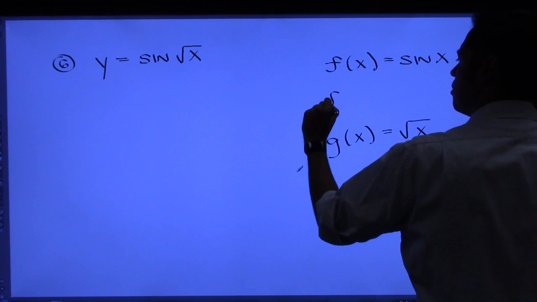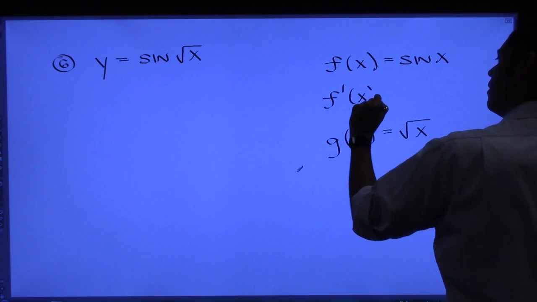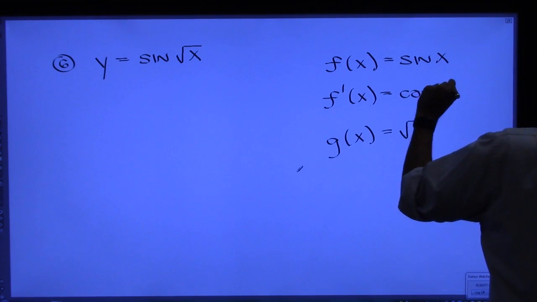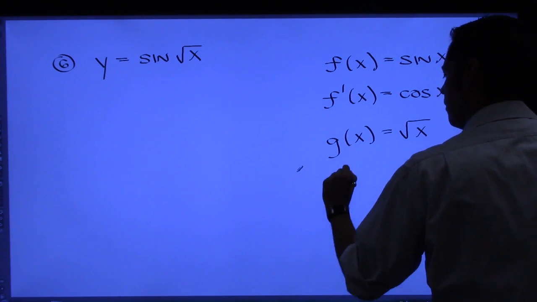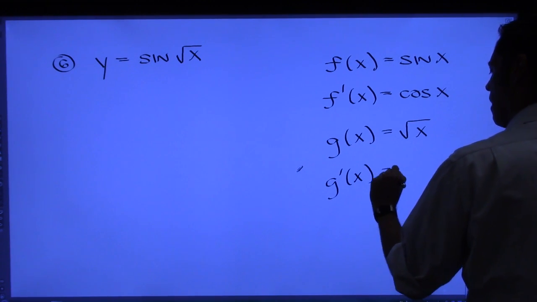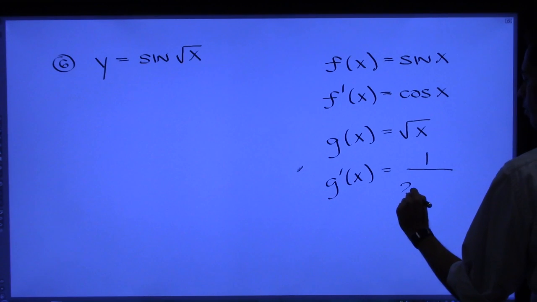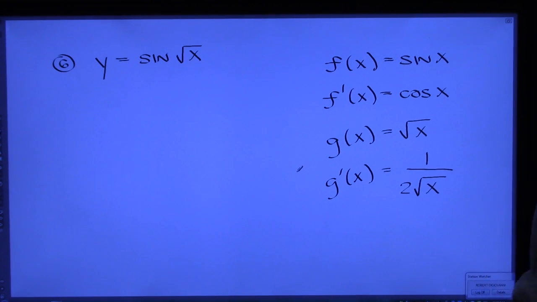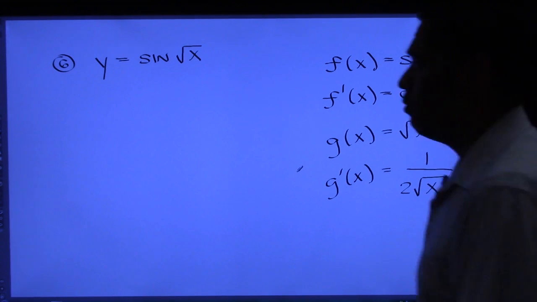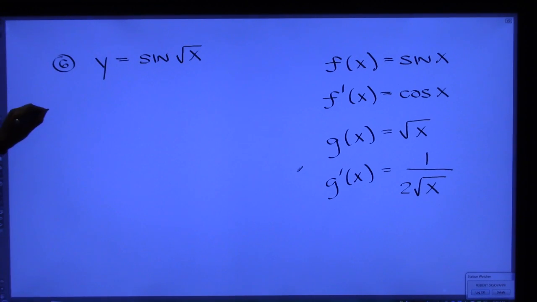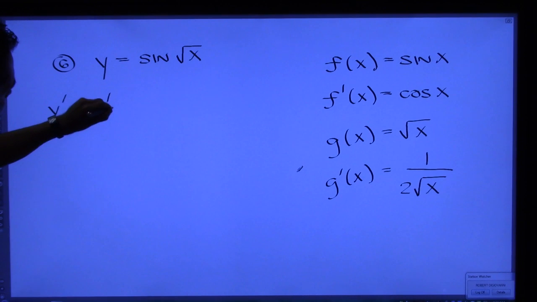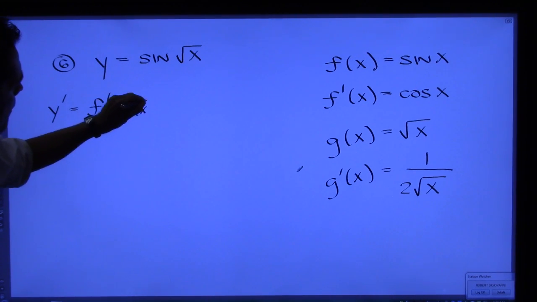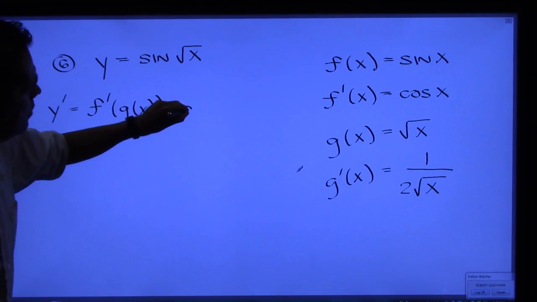And so I'm going to need the derivatives of each of these. The derivative of f is cosine x, and then the derivative of g is 1 over 2 root x, like that. So y prime will be f prime, but with g plugged in, times g prime.